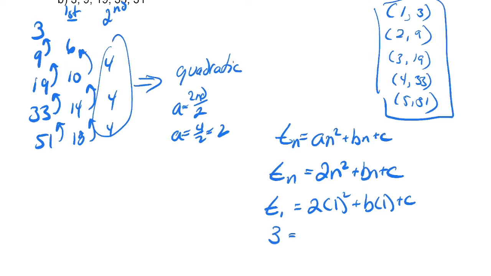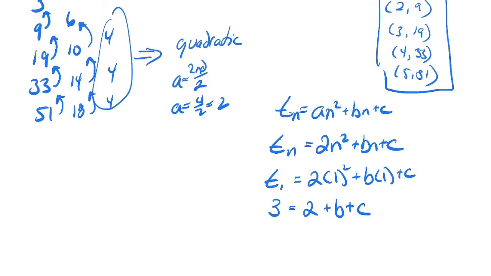So 3 is 2 times 1 squared, which is 2, plus b times 1, which is just b, and then we're left with c. We subtract 2 from both sides, so we get 1 is equal to b plus c. So there's one equation we could derive from this.